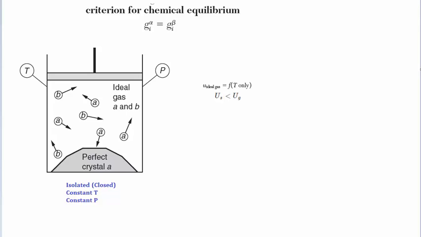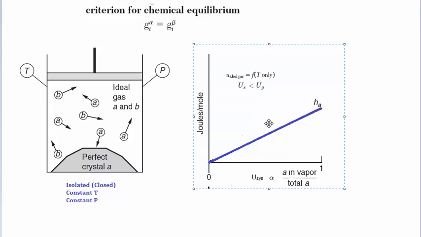Okay, so then if we're going to look at the internal energy as we see more and more of this A present in the vapor, we're going to see a linear profile. Why? Well, again, the only thing that affects the internal energy is the temperature.